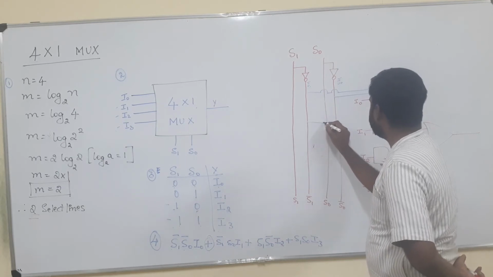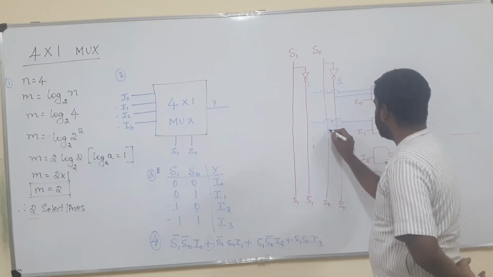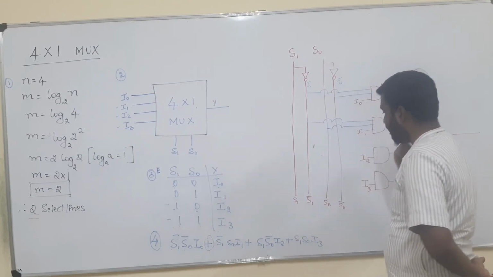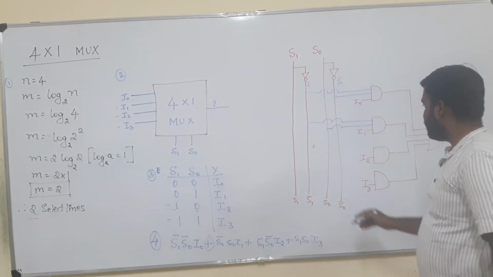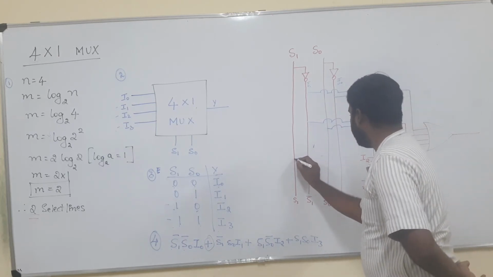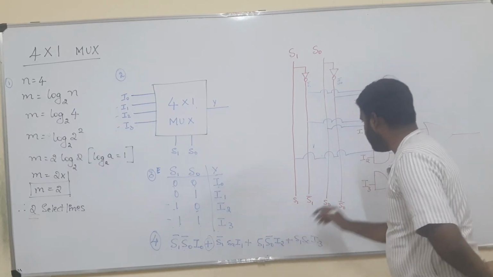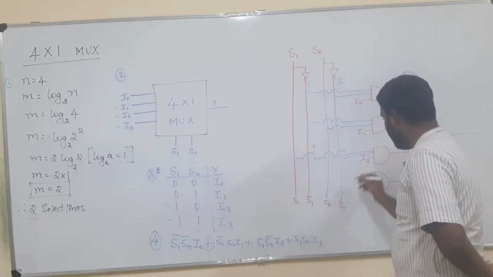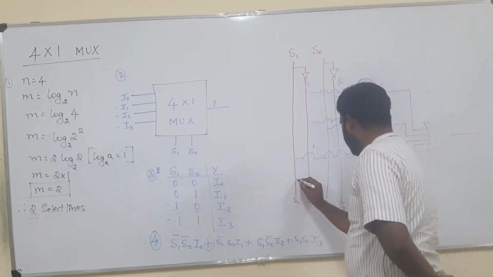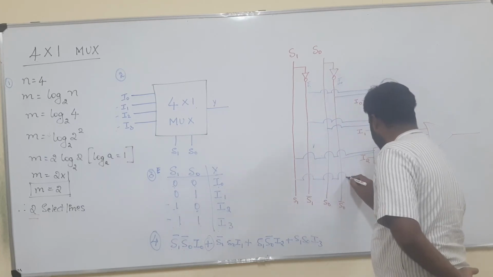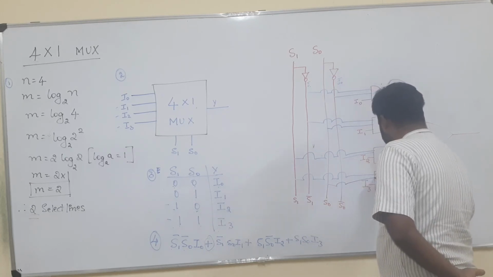I'll be taking S1 bar, next S0, and I1. For the third term I am having S1, S0 bar, and I2. Next I am having S1, S0, I3. S1 and S0 I am having here with I3.